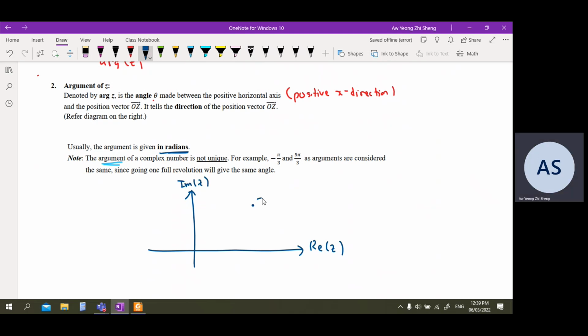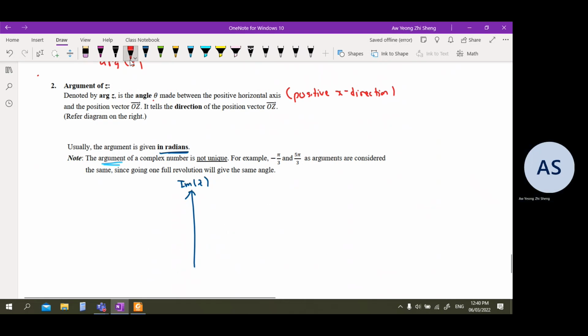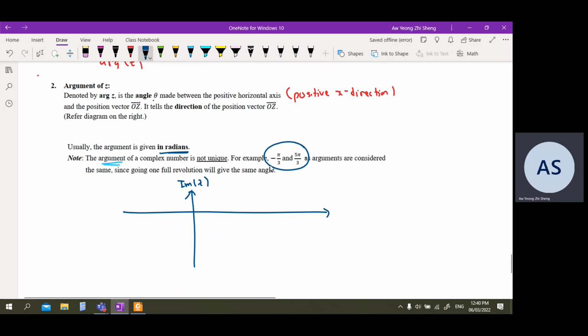If your point z is the point representation of the complex number, then your vector OZ will be the vector representation. Let's suppose that this angle here is pi over 3. Maybe I just draw my point representation in quadrant 4, just to match the given example here.